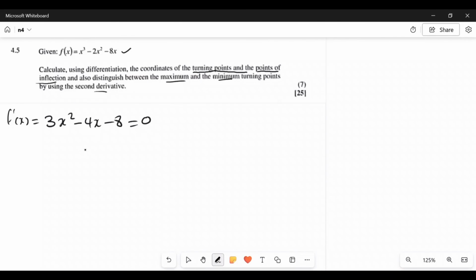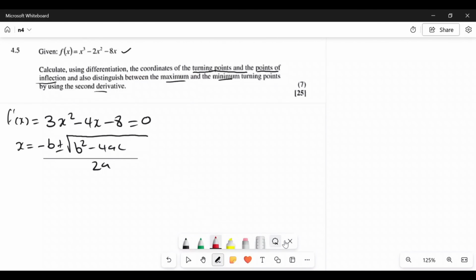So when it's like this, you need to solve for x. Unfortunately for this one, we need to use the quadratic formula. So it goes like this: x equals negative b plus or minus square root of b squared minus 4ac, divided by 2a.